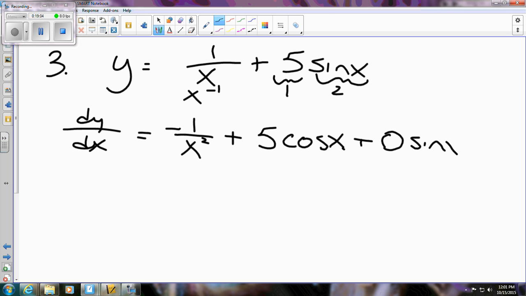So you'll never have that 0 times anything. So every time you take the derivative of a product where the first factor is a constant, you don't need to do the whole product rule. Just leave the constant multiplier and multiply by the derivative of the function. Okay? So anytime you have the derivative of a constant times a function, the derivative is that constant times the derivative of the function.